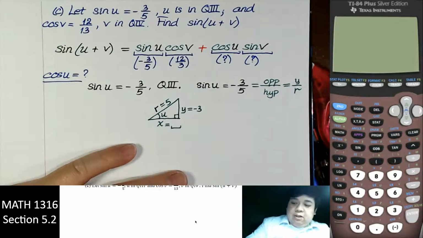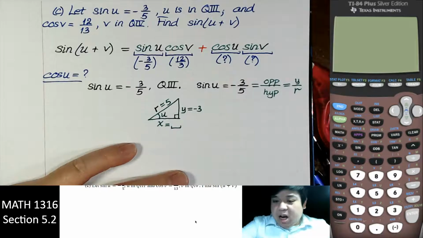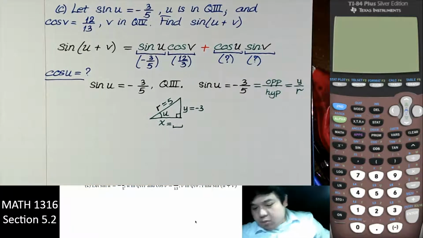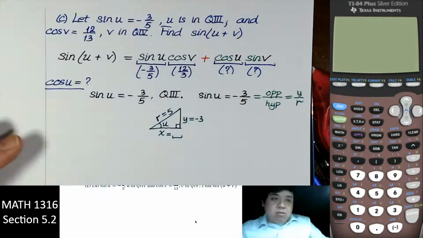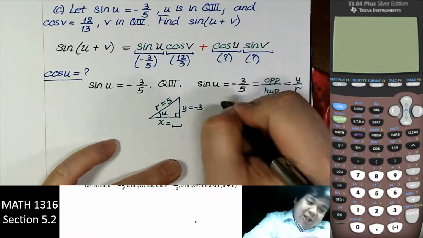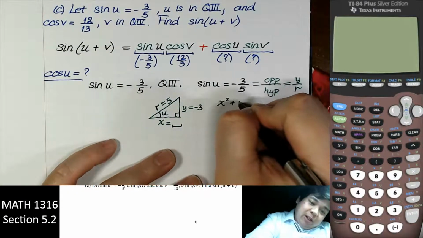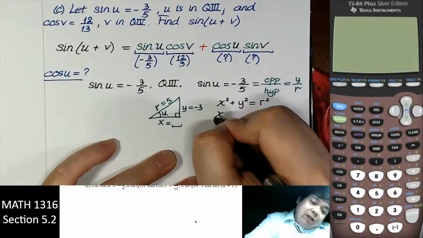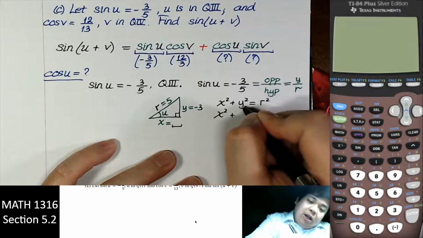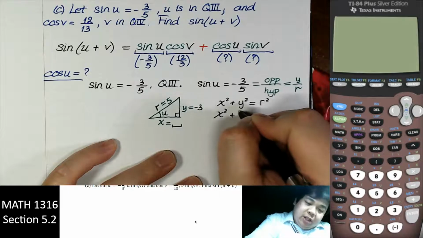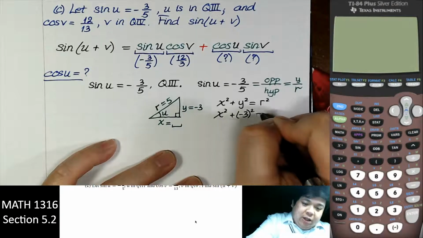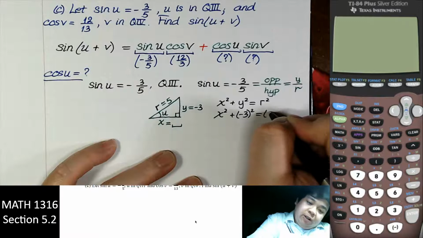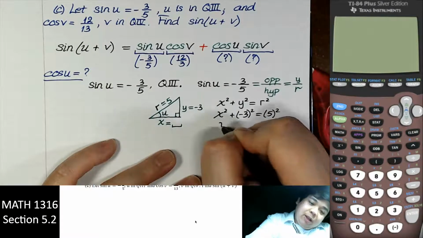So we have the Pythagorean identity: x squared plus y squared equals r squared. Negative 3 squared, and r squared is 5 squared.